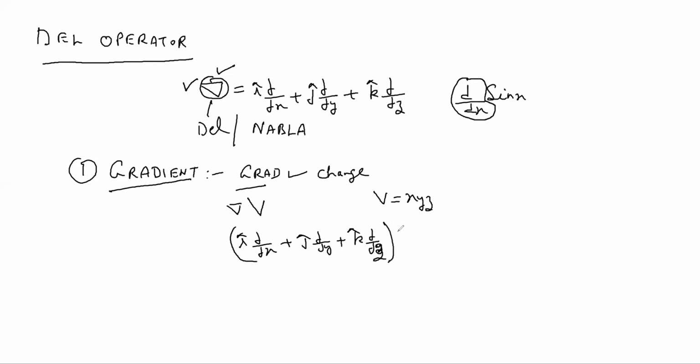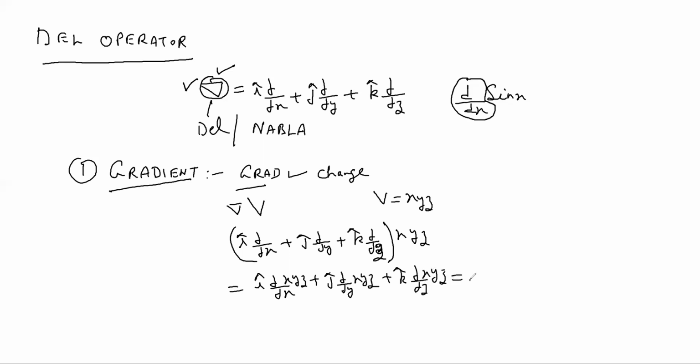So V here is xyz, so we will get i cap d by dx of xyz plus j cap d by dy of xyz plus k cap d by dz of xyz.